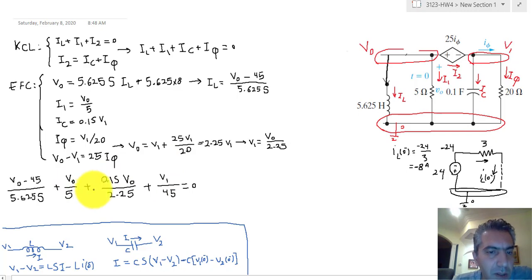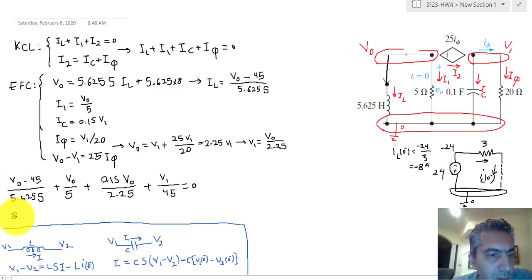So from this I can multiply the whole equation by 45s and simplify the equation. So 45s times this is going to give us 8.